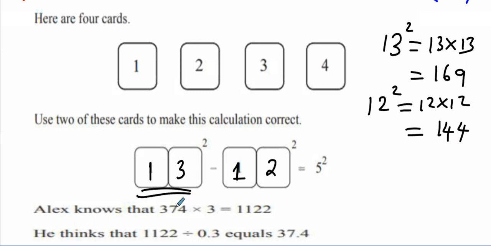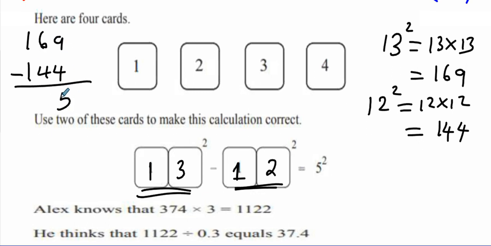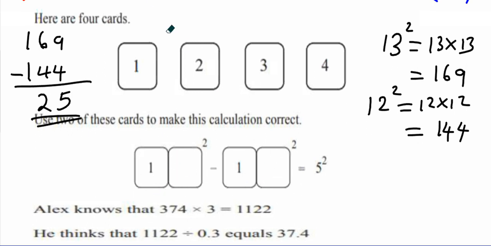Now question, is 13 squared, which is 169, minus 12 squared, which is 144, going to give you 25? Let us see. 9 minus 4 is 5, 6 minus 4 is 2, so the answer is 25. So that means the card which you are going to put here is the card labeled 3, and here the card labeled 2.